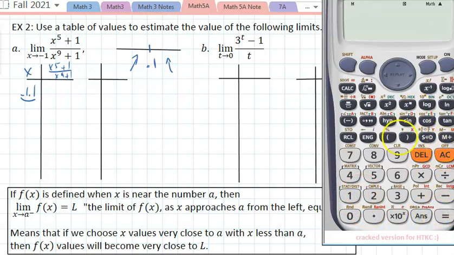It is. Now if I take my answer raised to the 9th, plus 1 divided by the answer, that was a 5th, wasn't it?